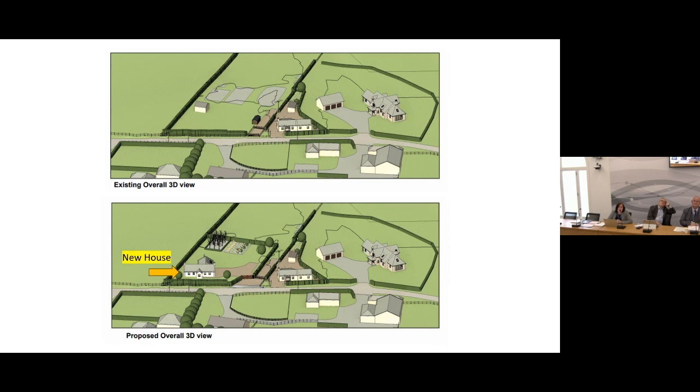You can see on the top slide there the appeal site with no house, and then on the bottom image the same area with the house inserted into it, with the houses across the road and the houses next door, the existing dwelling, and then the larger new dwelling on the other side again. Next slide, please.